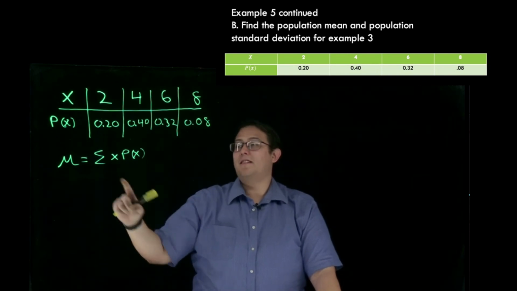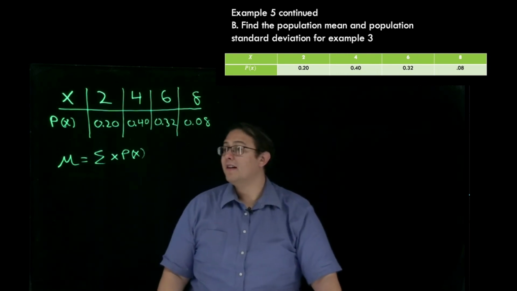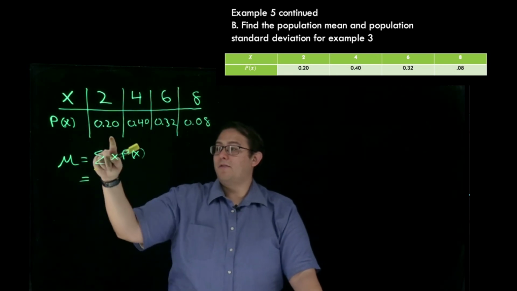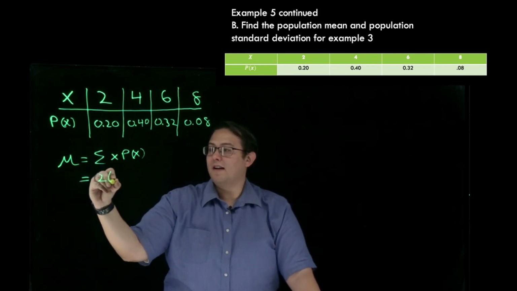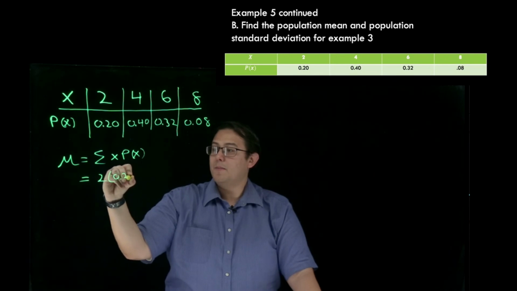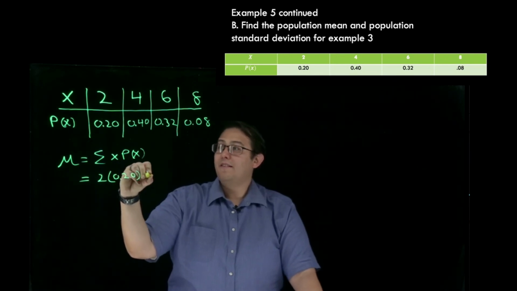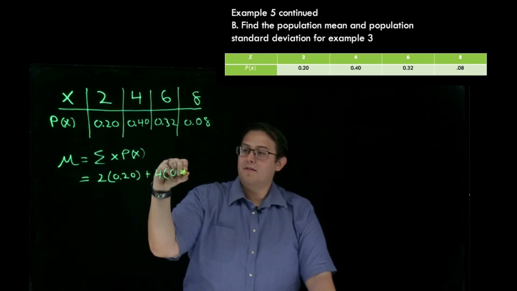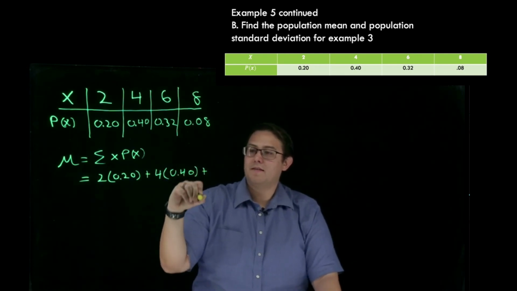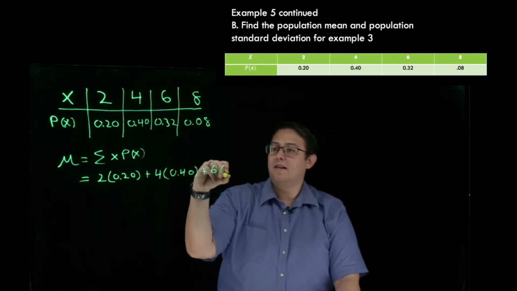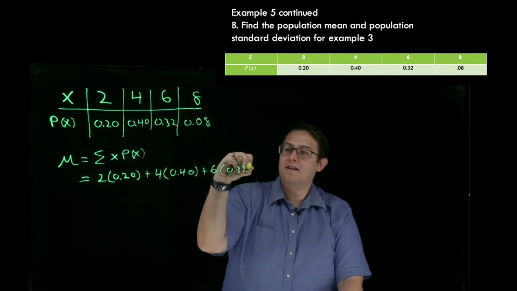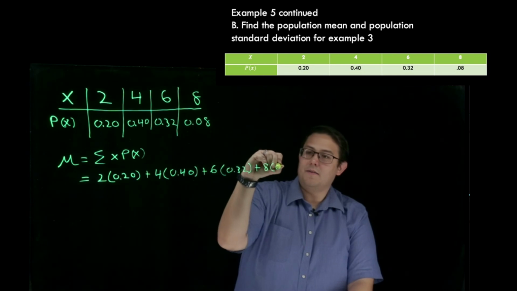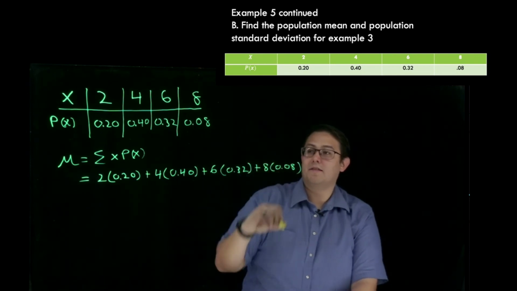And then sigma means add, so you're going to add them all up. So this will give us 2 times 0.2, plus 4 times 0.40, plus 6 times 0.32, plus 8 times 0.08. There we go.